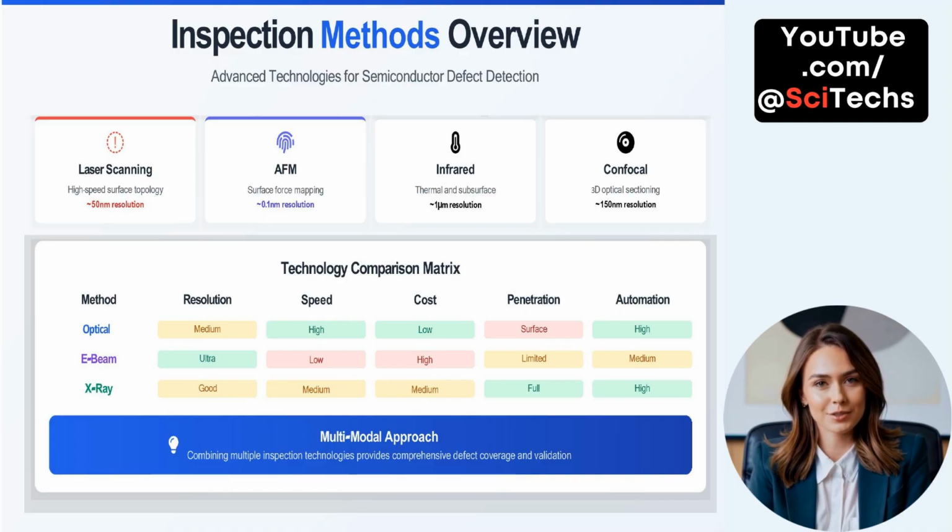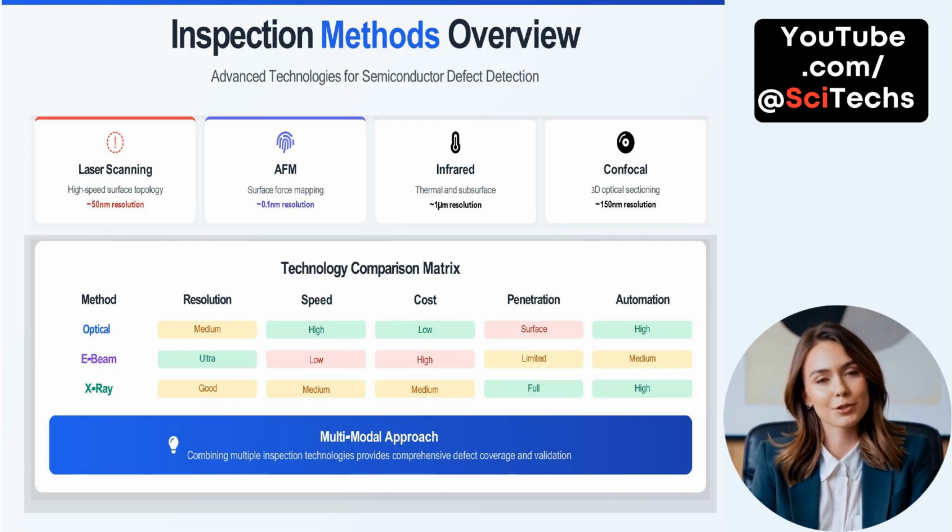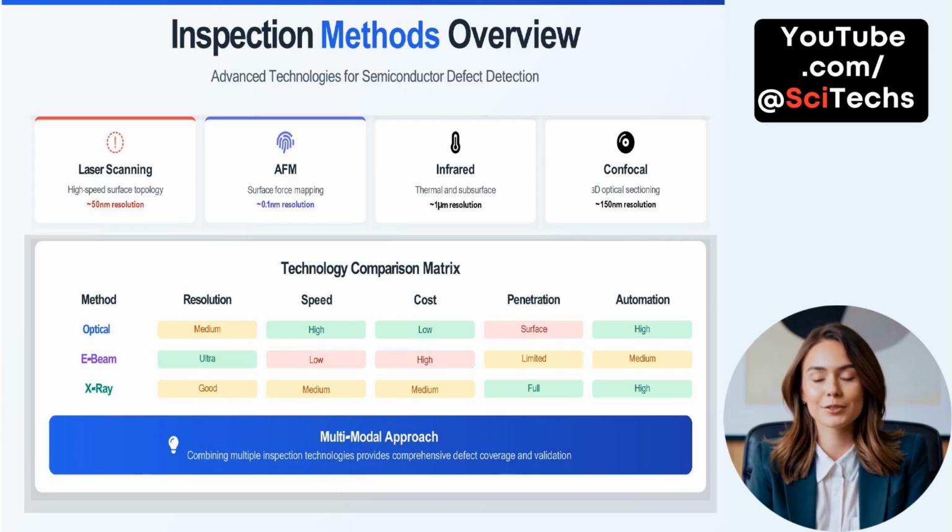Laser scanning offers high-speed surface topology measurement with a resolution of approximately 50 nanometers. It is particularly useful for capturing surface contours rapidly. Atomic force microscopy, or AFM, provides ultra-high resolution, down to 0.1 nanometers, by mapping surface forces, making it ideal for nanoscale surface analysis.